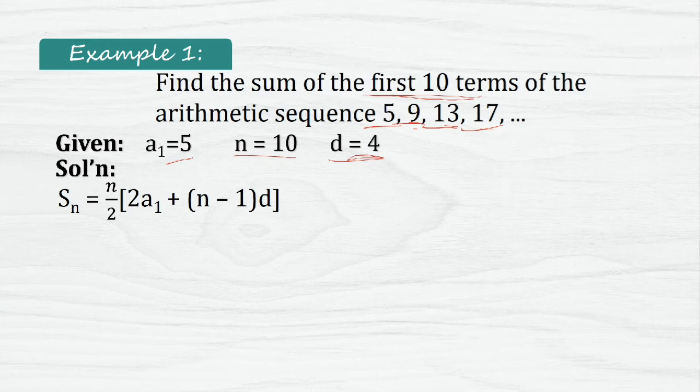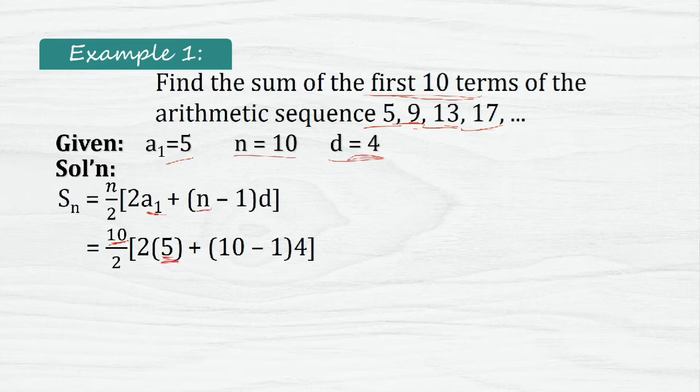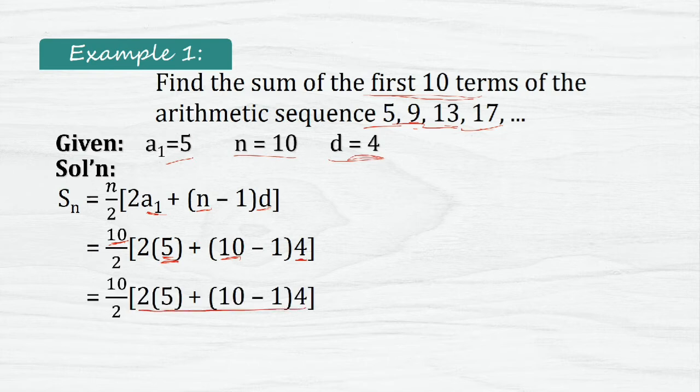So since we have the value of the common difference and the first term, we can use the first formula. So substitute, the value of n is 10. Then for our first term, that's 5. N is 10. And then for our common difference, that's 4. And then simplify. We first simplify what's inside the bracket. So that's 2 times 5 is 10.